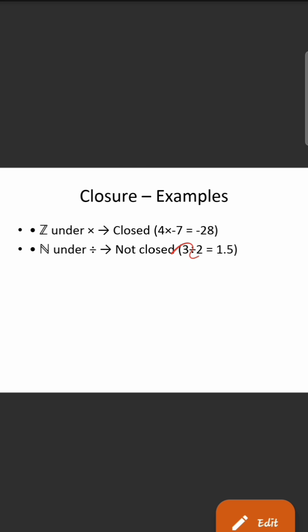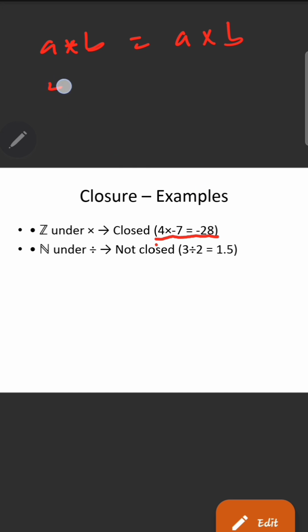So before we can be given something like this, that means they have defined an operation for us. They are not just given the operation. So probably let's say we have A operation B is equal to A times B. So that is exactly what they did here.